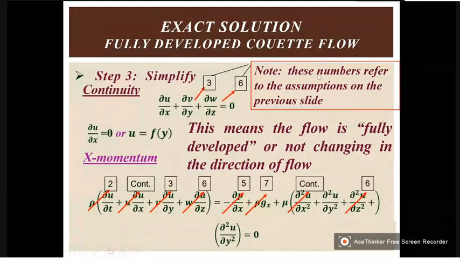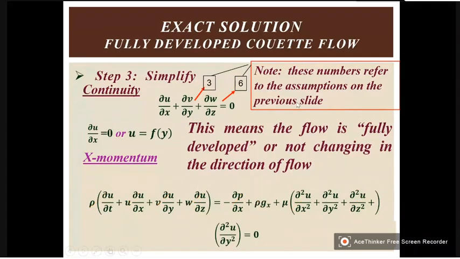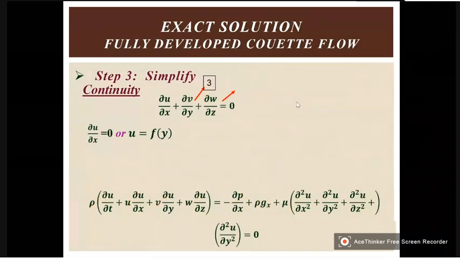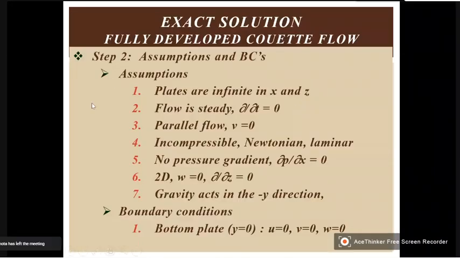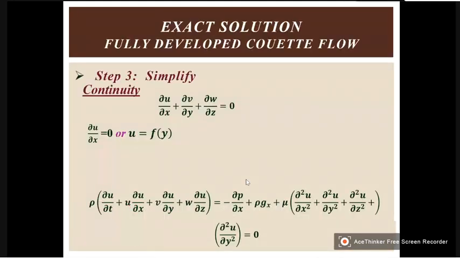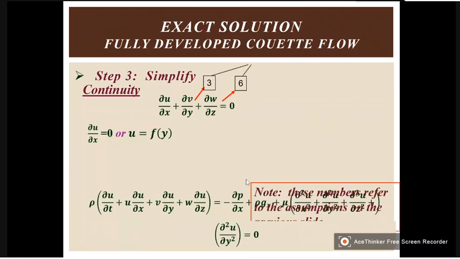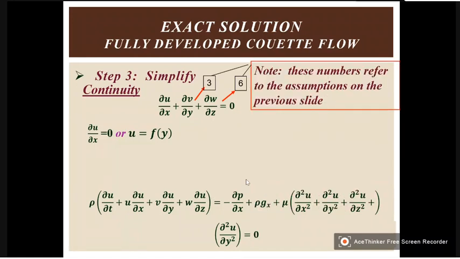Why? These numbers refer to the assumptions on the previous slide, assumptions 3 and 6. 3 is parallel flow and 6 is w is equal to 0 and dou by dou z is equal to 0. So from this, what we get is dou u by dou x is equal to 0. So we get this from the continuity equation. The final result is this.